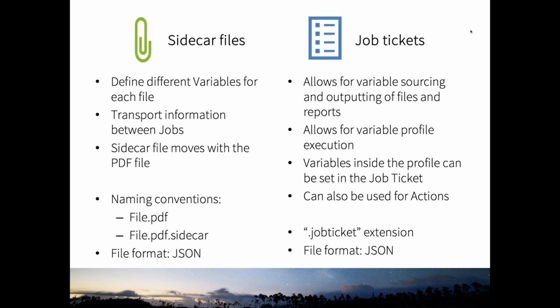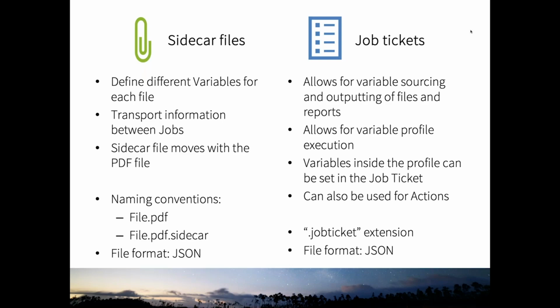So if you want to process a PDF file through a hot folder but you also want to pass values for the different variables that are used in the Preflight profile or process plan, then a Sidecar file can be used for this. And because pdfToolbox server also writes information to Sidecar files as they are being processed, you can even use this to transport information between different hot folder setups.